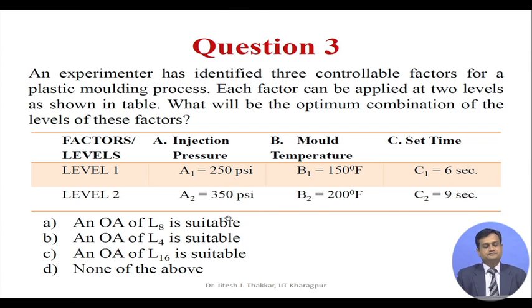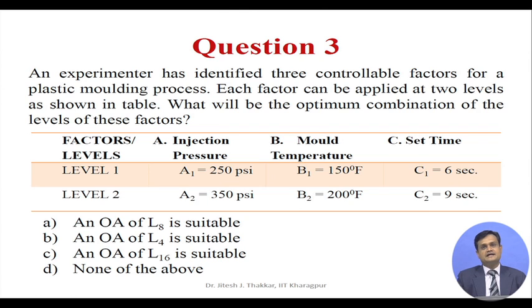Question 3, an experimenter has identified 3 controllable factors for a plastic molding process. Each factor can be applied at 2 levels as shown in the table. What will be the optimum combination of the levels of these factors? So, here you can see that factors and levels are given in the table.